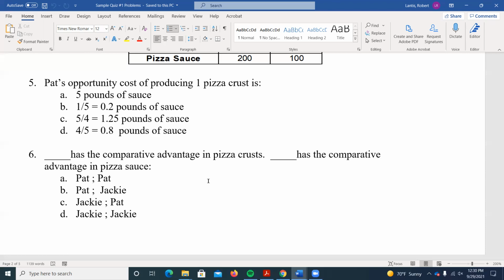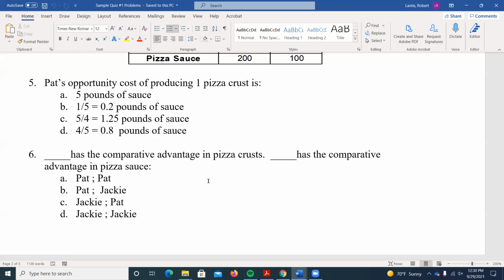Anytime I take two values and invert them, the inequality sign switches. If I have 2 and 4, 4 is larger than 2, but then 1 over 2 and 1 over 4, 1/4 is smaller. So if you have a comparative advantage in one good, you automatically will not have a comparative advantage in the other. So here we could use our old cost to say that Jackie had comparative advantage in pizza crust production, which would then imply that Pat has a comparative advantage in sauce production.